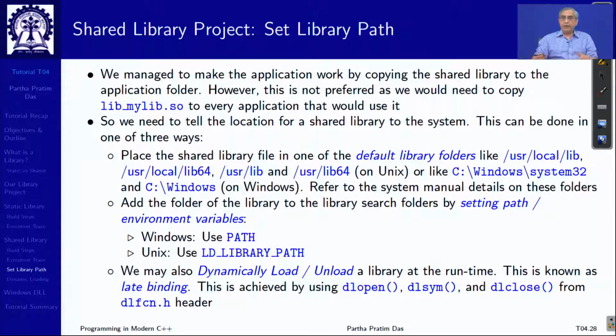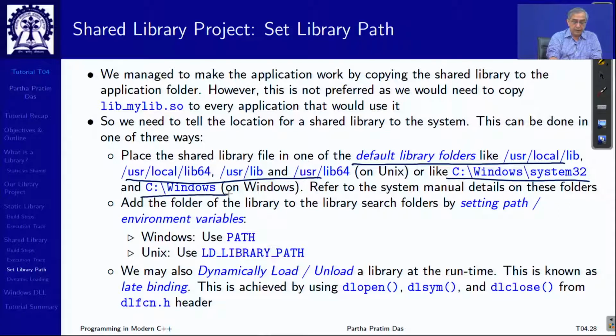So, it could be done in multiple ways. In Linux, there are certain folders, directories, which are conventionally taken to be locations of shared libraries. So, if you keep it in any one of these, the system already knows that shared libraries will have to be looked for there. On Windows, these are typically the Windows System32 or Windows folders.